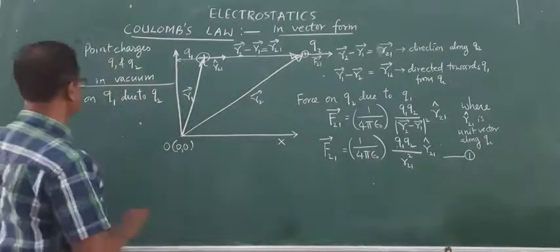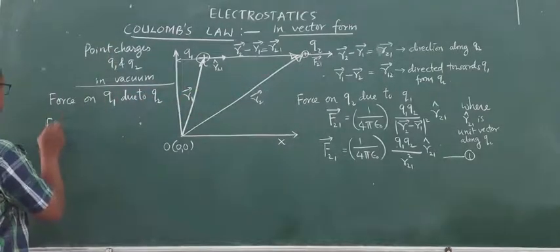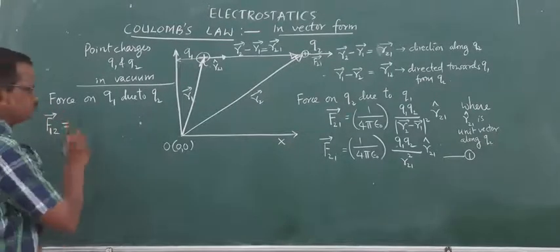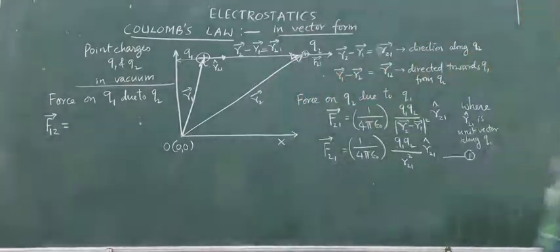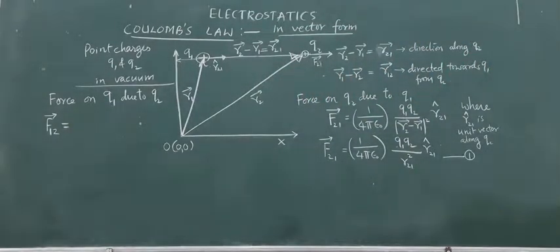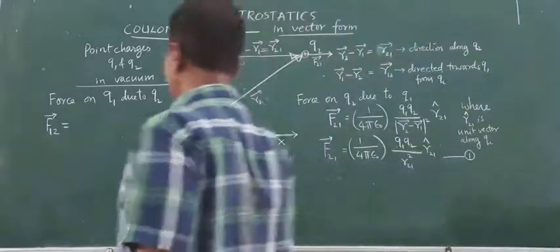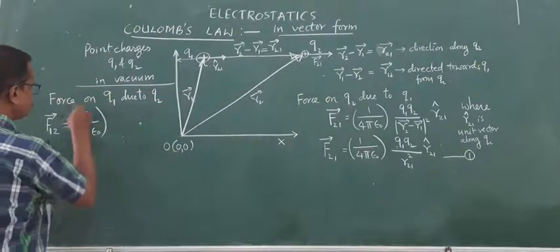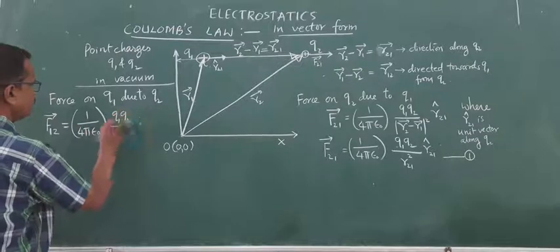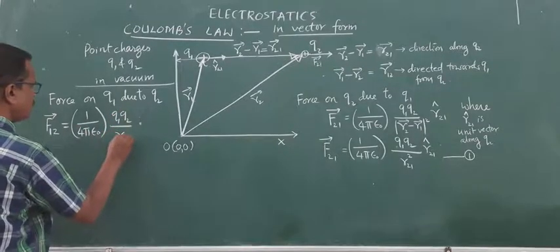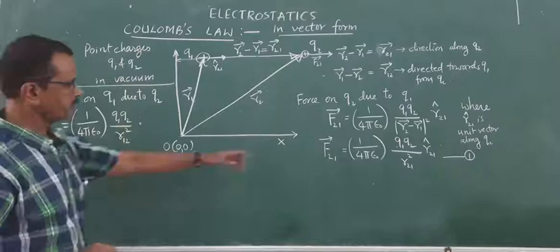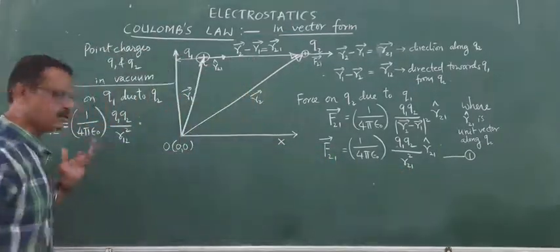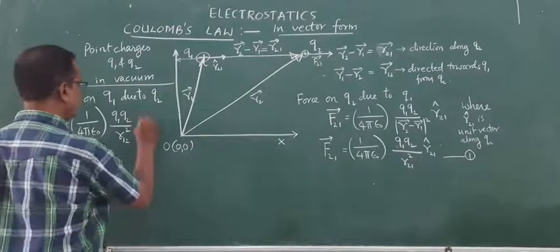On the same line I write the force on Q1, F12 vector, equal to 1 upon 4 pi epsilon Q1 Q2 by R12 square, as I have written here directly. Now here it becomes R12 square into direction.